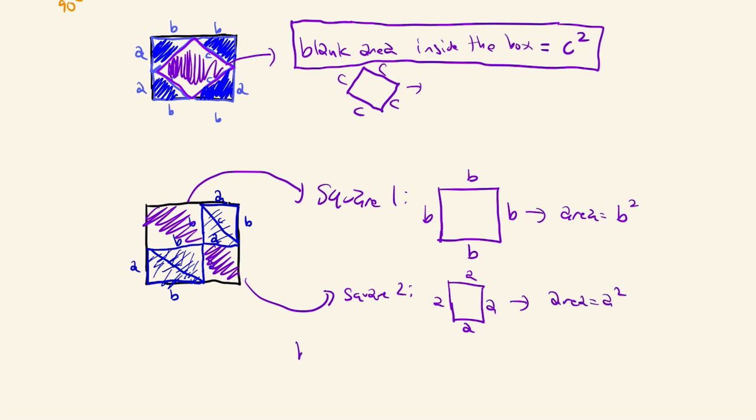And so the blank area inside the box has to be both of these squares. That's A squared plus B squared.